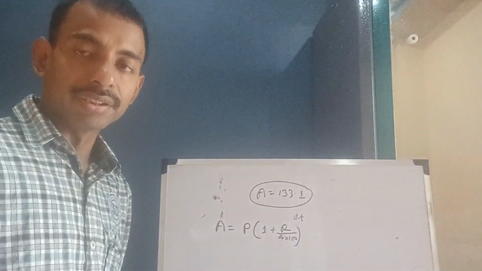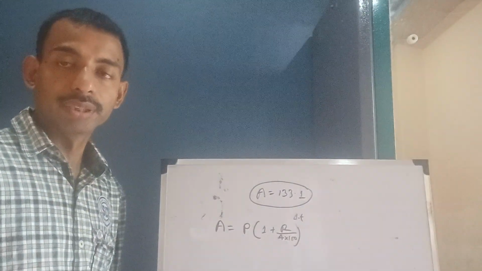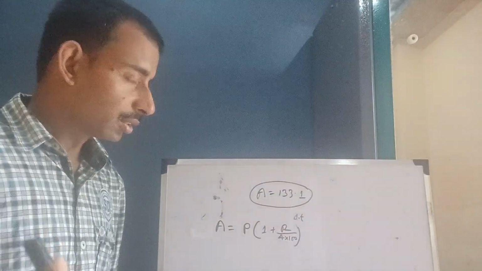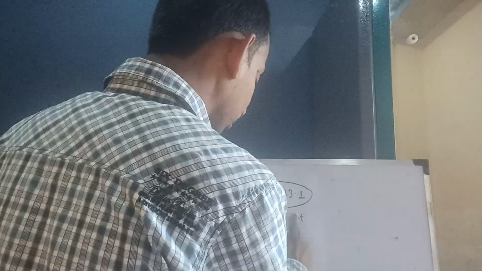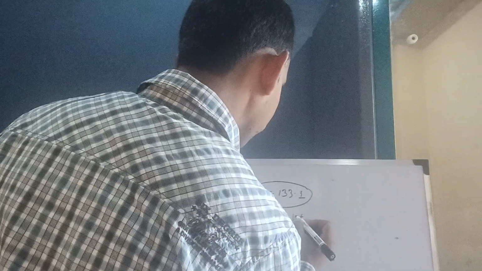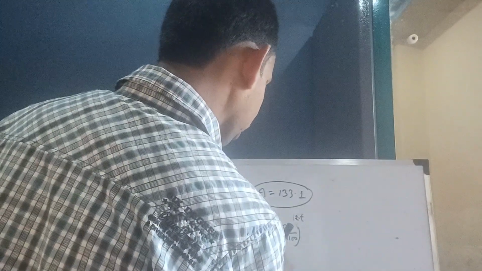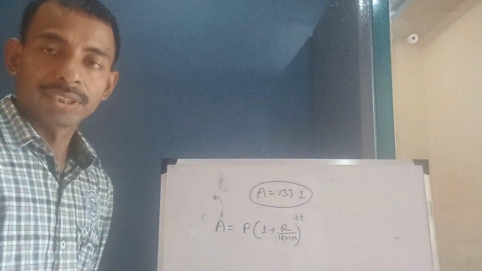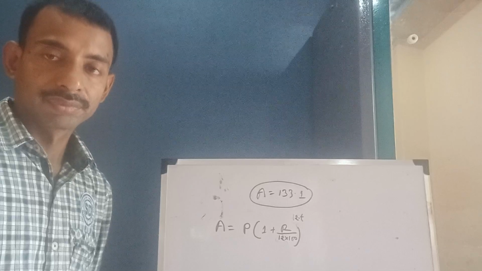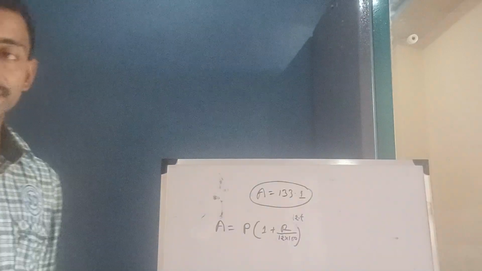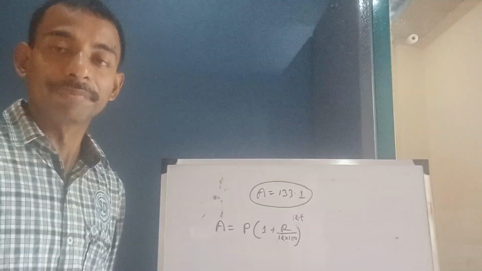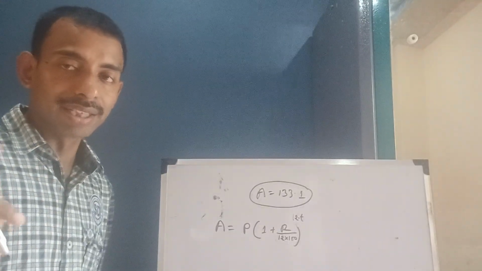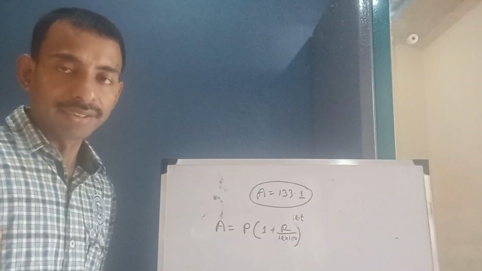If it is mentioned that it is compounded monthly, every month, there are 12 months in a year, so 12 times. That is 12 into t, and here also 12 into 100. If it is mentioned fortnightly, that is after 15 days, in a month that is 2 fortnights.